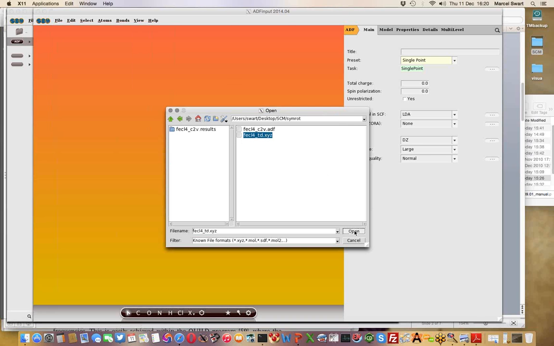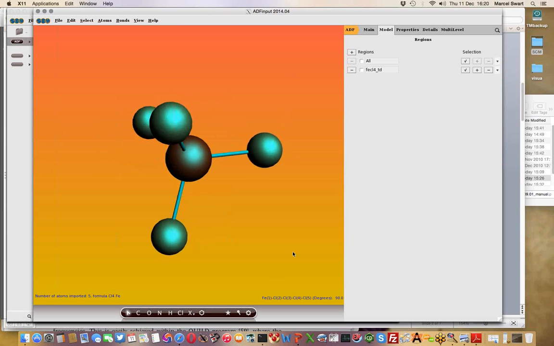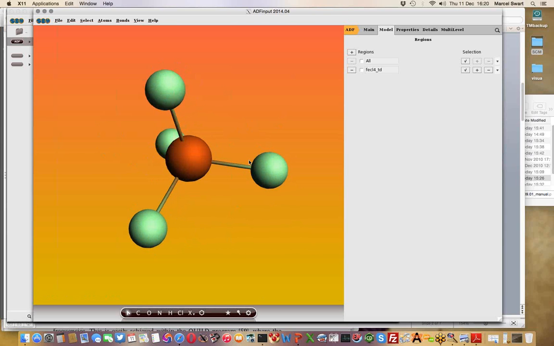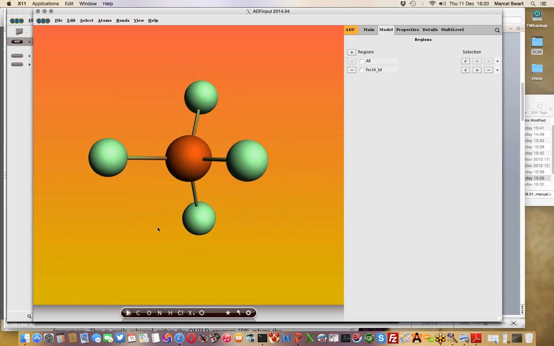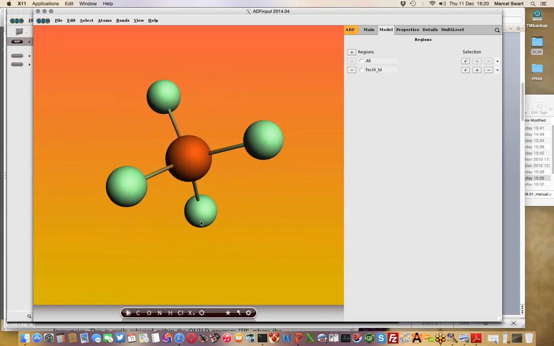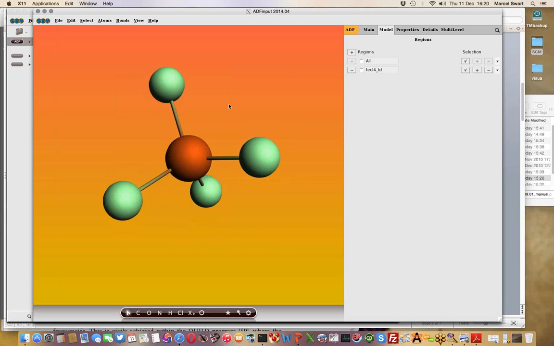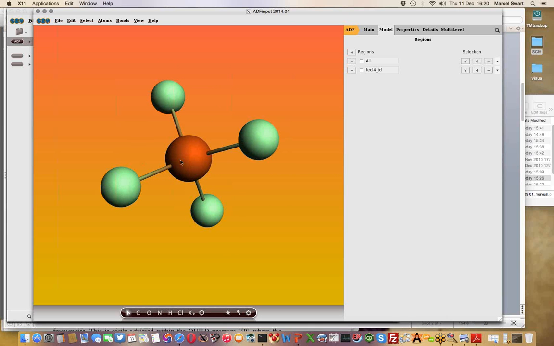For instance, if you have an iron with 4 chlorines, which is in a tetrahedral symmetry, you want to be able to compare with other systems. You do not always want to use tetrahedral symmetry also for the orbitals. So you may want to lower the symmetry for the orbitals, which you use in your calculation, but keep the tetrahedral geometry. And this you can do quite easily again with QUILD.